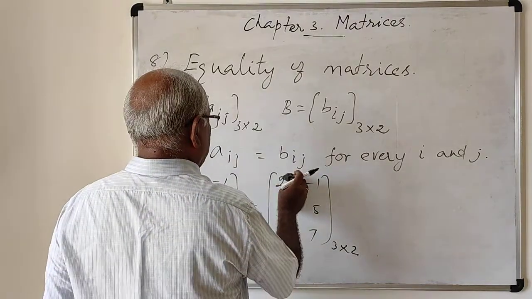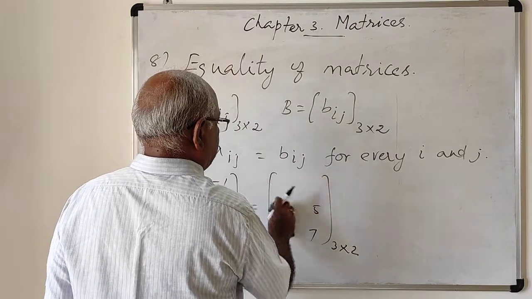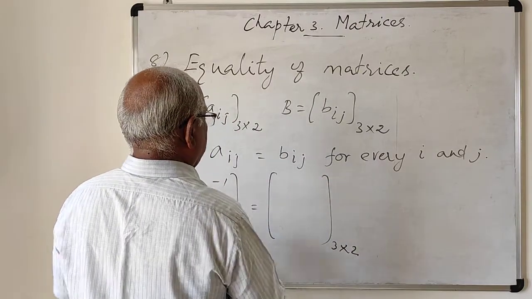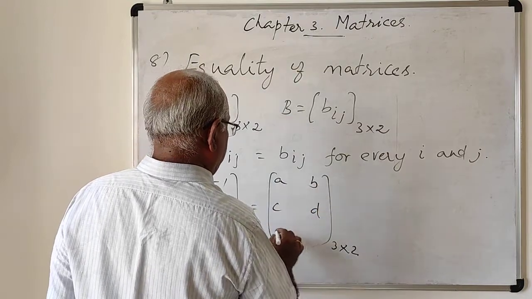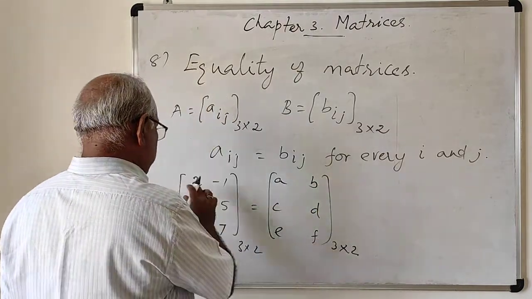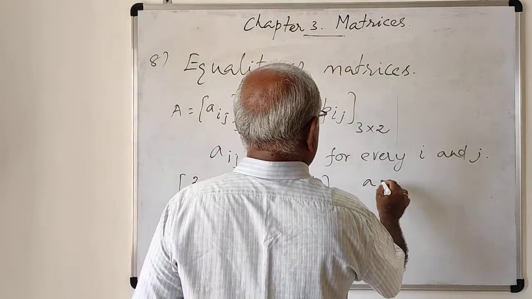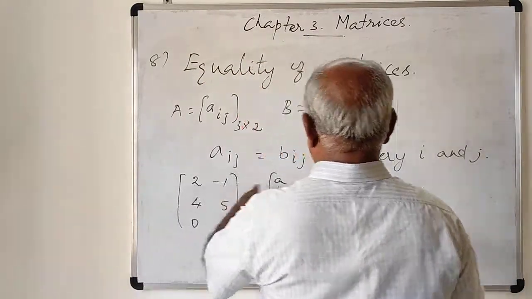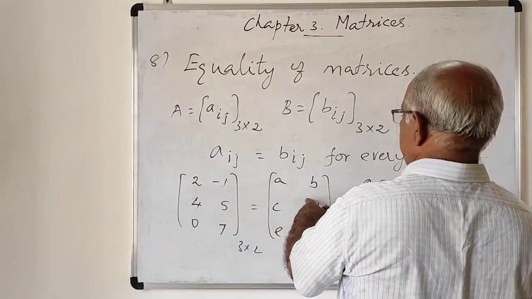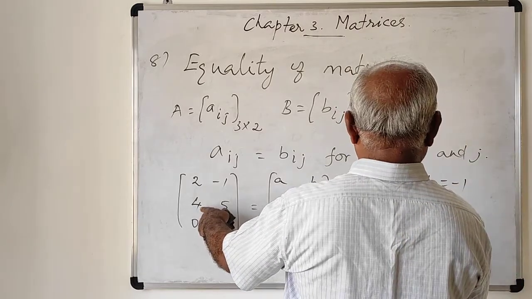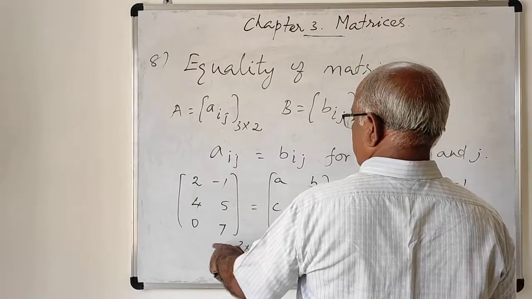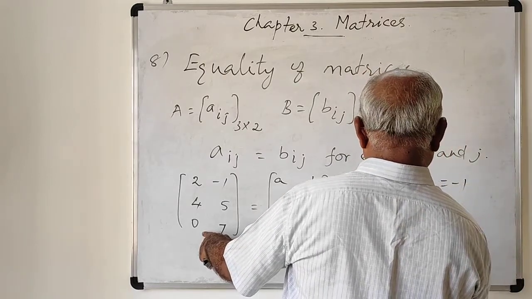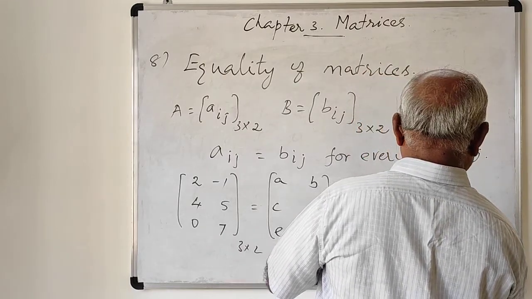Suppose this is a, b, c, d, e, f. It means a equal to 2, b equal to minus 1, c equal to 4, d equal to 5, e equal to 0, f equal to 7.